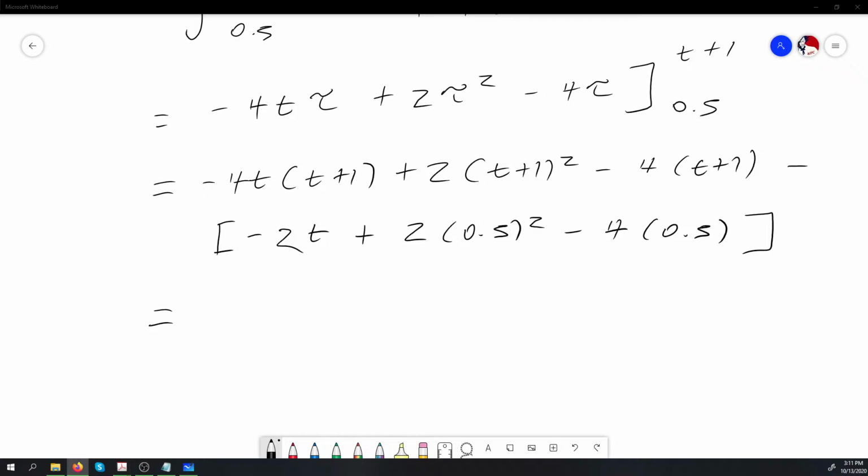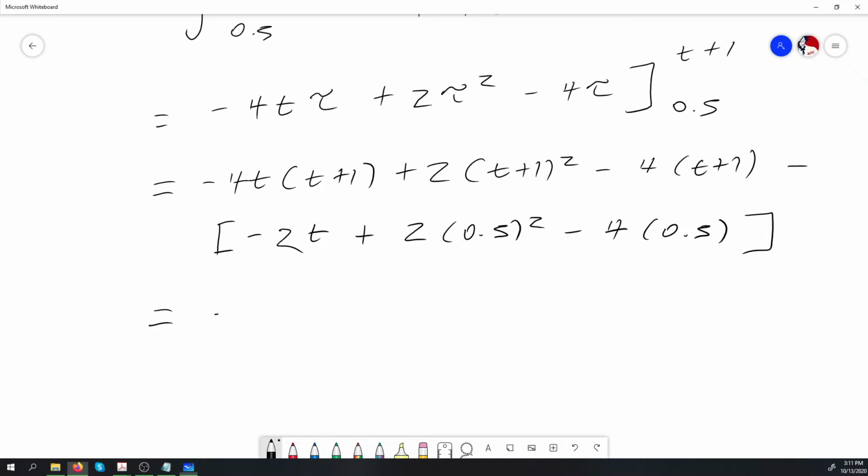Right, so calculating this becomes minus 2t squared minus 2t minus 0.5.